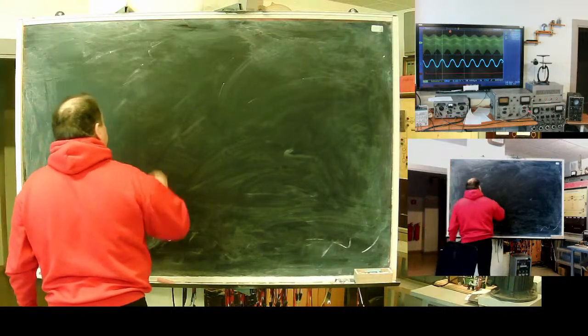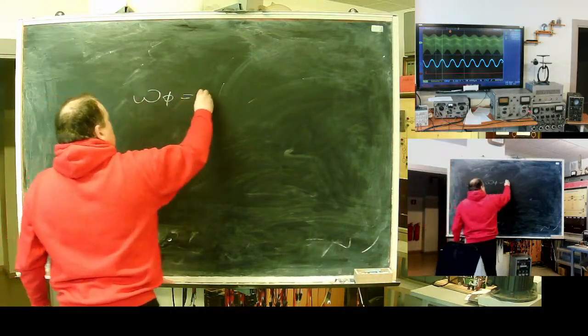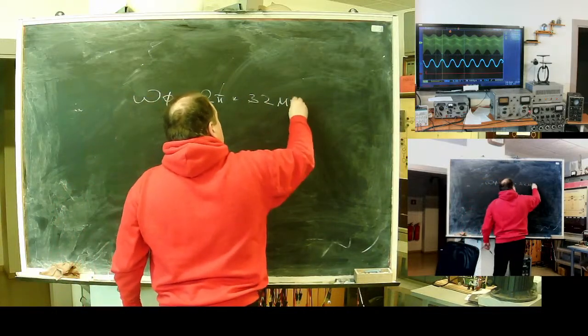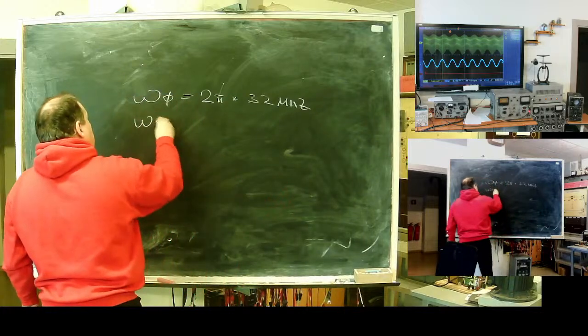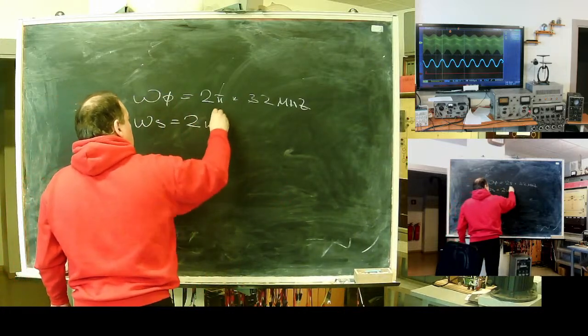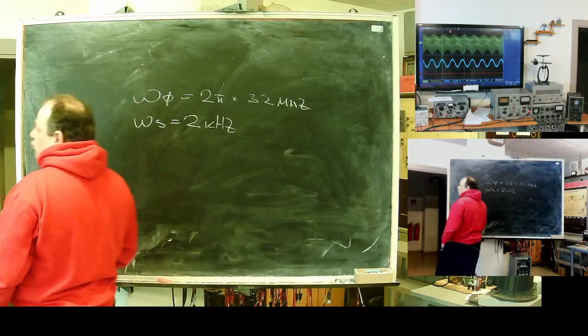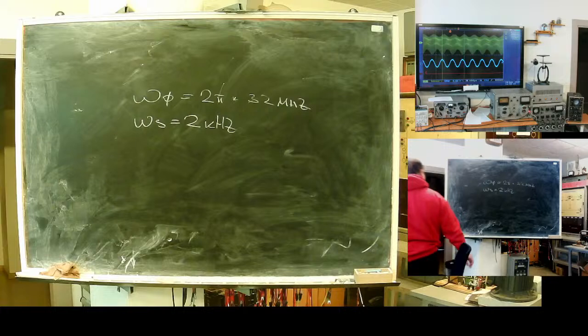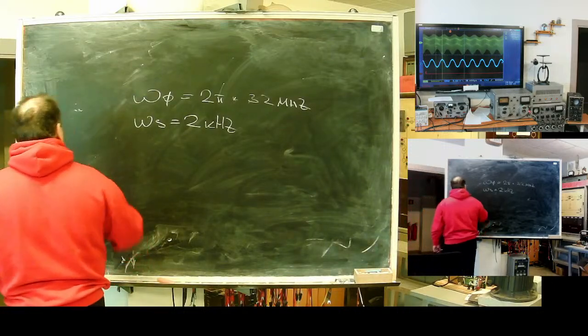This generator now has omega 0. So omega 0 is 32 megahertz, and omega is 2 kilohertz. Blue line is a modulating signal, and yellow line modulated.